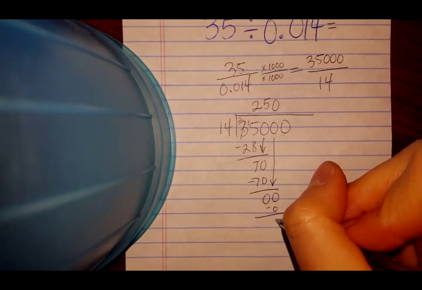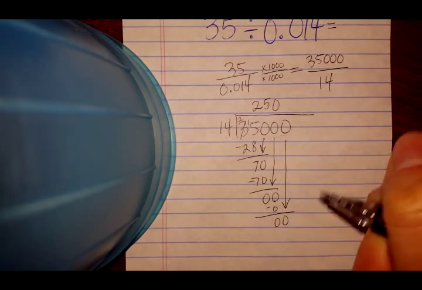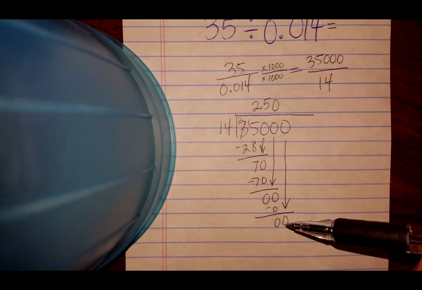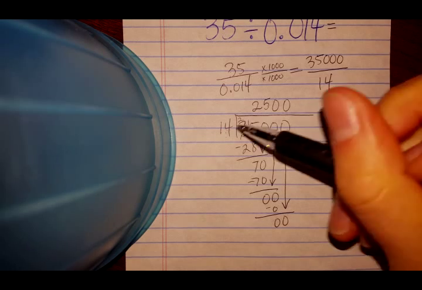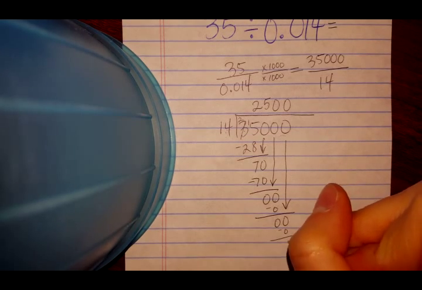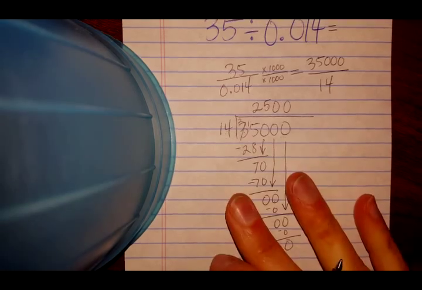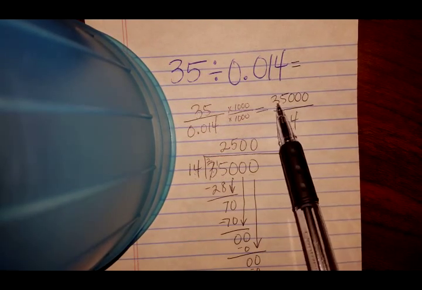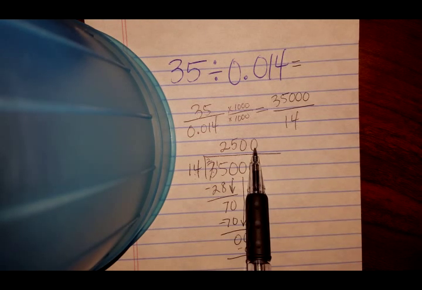Then 0 minus 0 is 0, obviously, but keep going. Bring another 0 down, the last one in the dividend. How many times does 14 go into 0? 0. So we write a 0 up here in the quotient. 0 times 14 is 0. I've got a remainder of 0. Finally, I'm finished. Okay, so that means that 35,000 divided by 14 is 2,500.